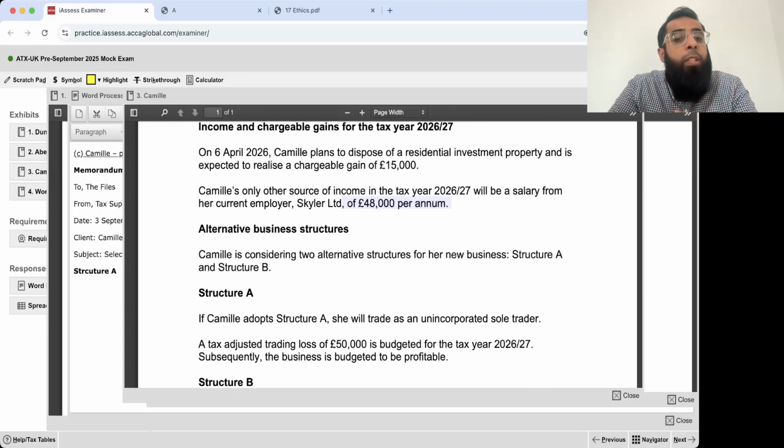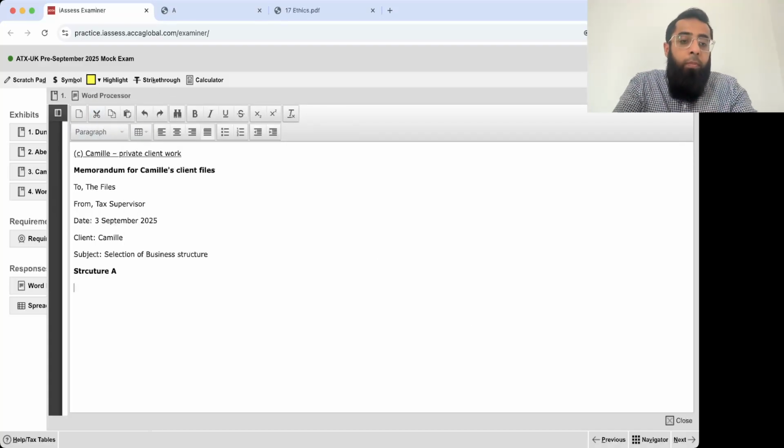When you offset the total income of 48,000, your tax saving will be on how much? Your personal allowance will get wasted. The personal allowance is 12,570, so the taxable income which will be relieved is 35,430. Just look at it while I draft the answer.